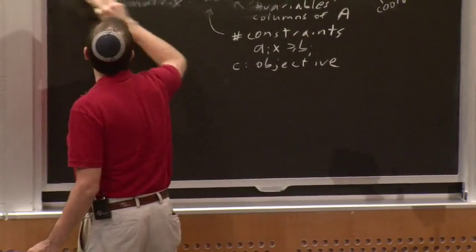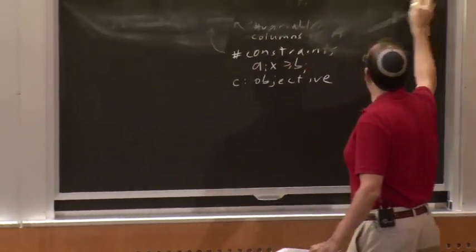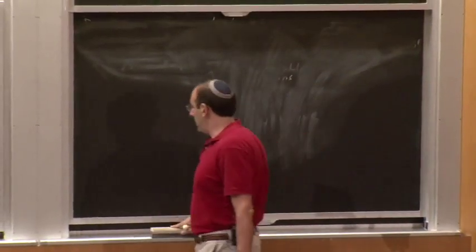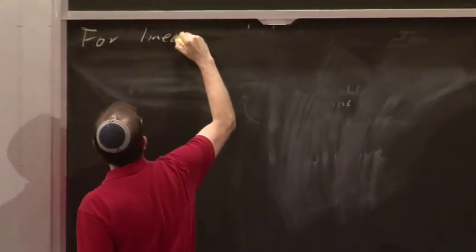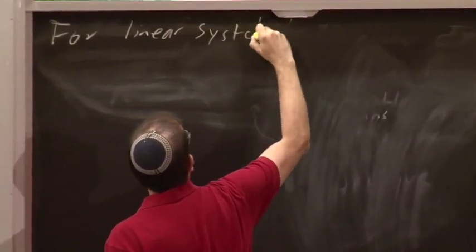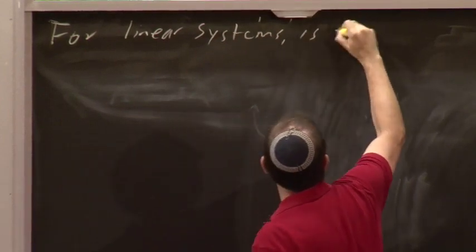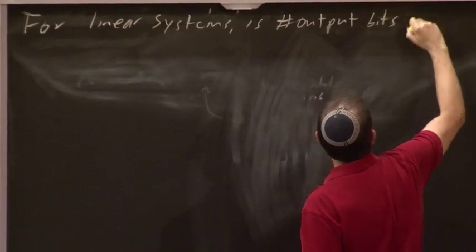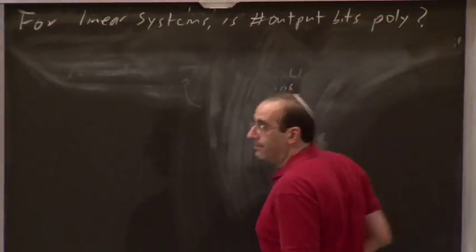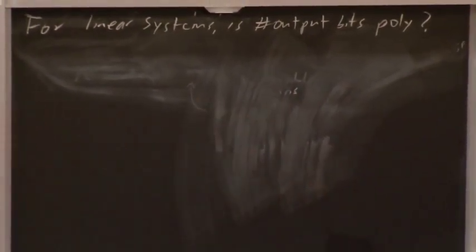Right? So can we argue that the number of bits of output is polynomial? So for linear systems, is the number of output bits polynomial? That's a pretty important first question.